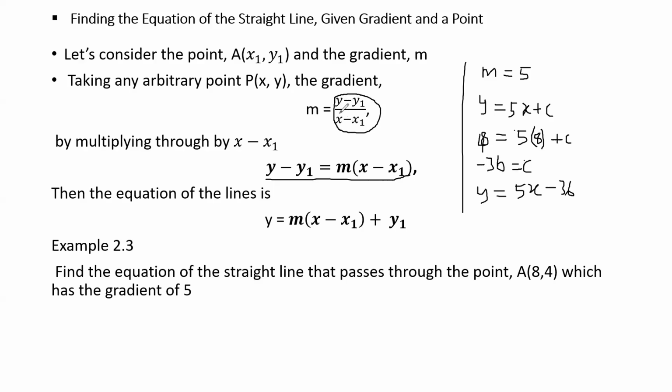So m equals y minus y1 over x minus x1. When you cross multiply, you get it. You see the same formula. So you come back to this, then you come here, you get the equation.